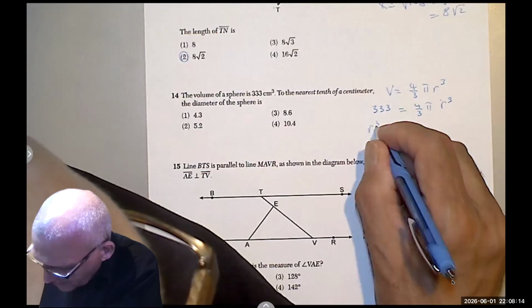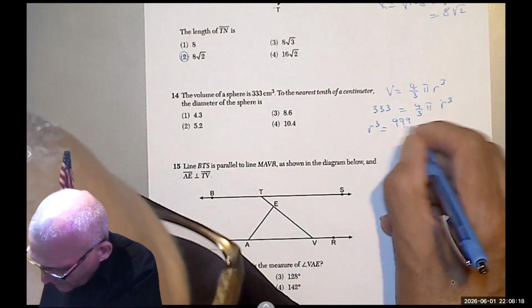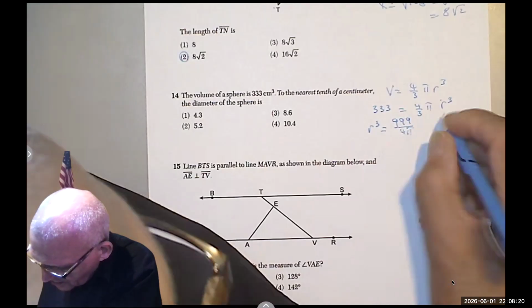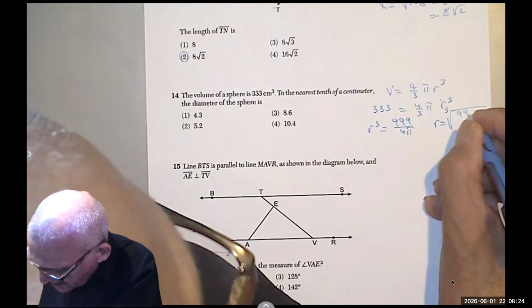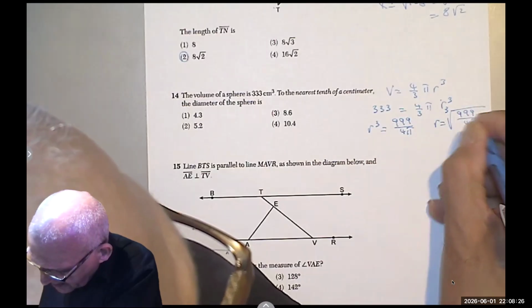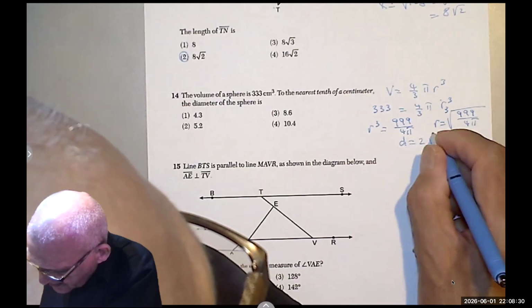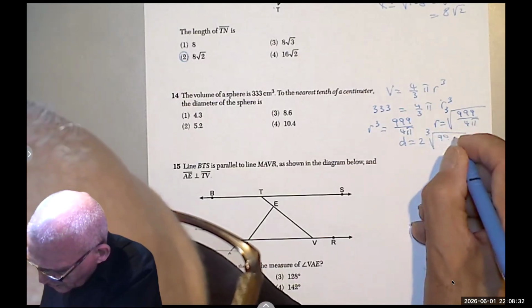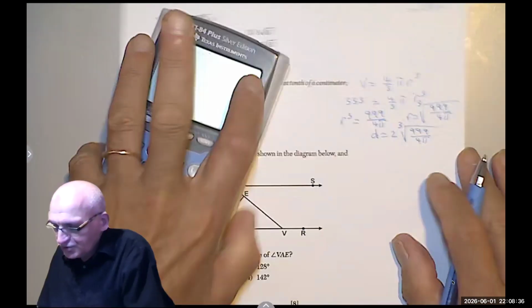So r cubed equals 3 times that, 999 over 4 pi. So r would be the cube root of 999 over 4 pi. And then the diameter would be 2 times that. So we do it in a single step instead of calculating r and then multiplying by 2.